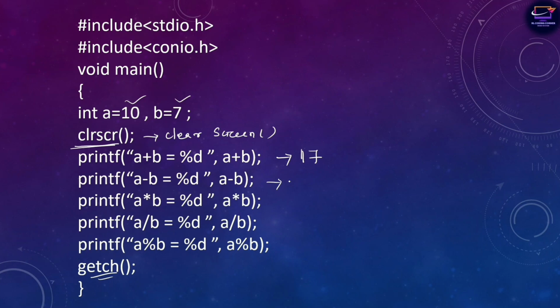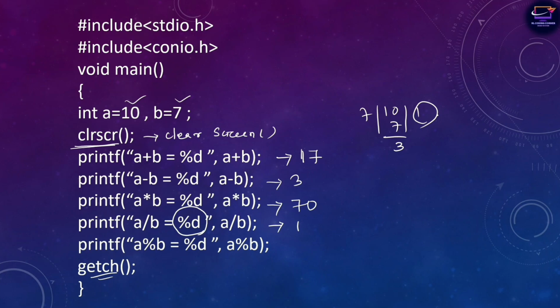A minus b is 3, a into b is 10 into 7, 70. a divide b, 10 divide 7, so 7 ones are 7, so that is 1. Only 1, because the format specifier is integer, percent d. So it is going to print only the integer value, it will not print the fractional part.